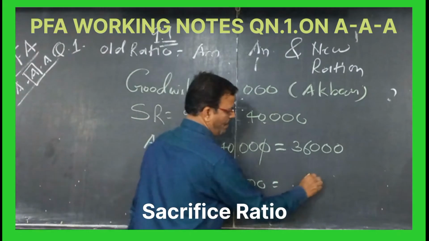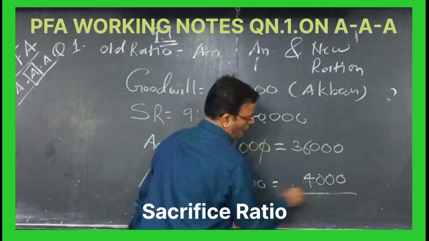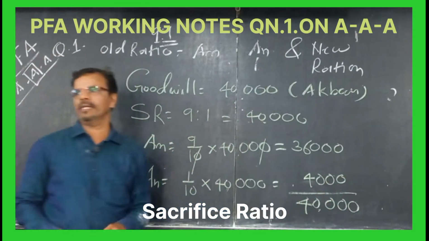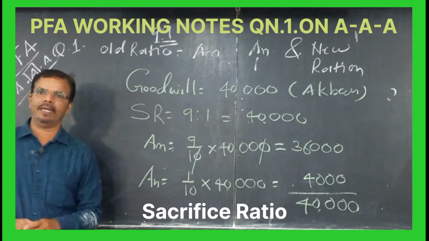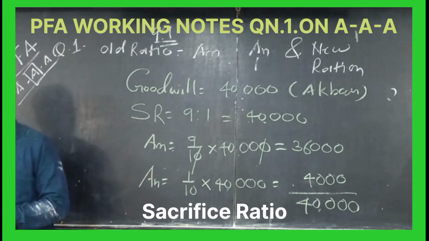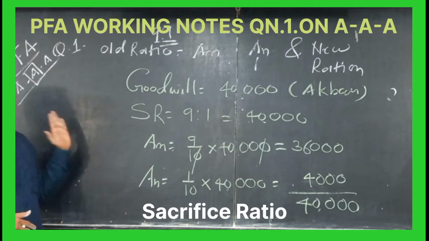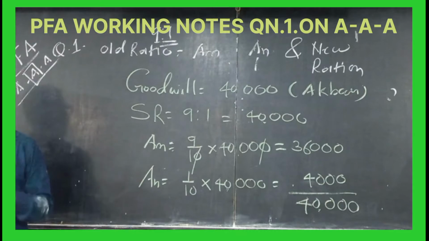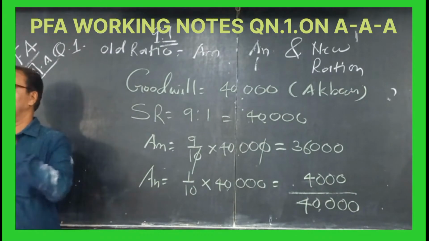So 4,000 is coming. So the total is 40,000. This 40,000 is given to all the old partners in their sacrifice ratio, that is Amar and Anthony. So in this way we always give the goodwill brought by the new partner to the old partners.